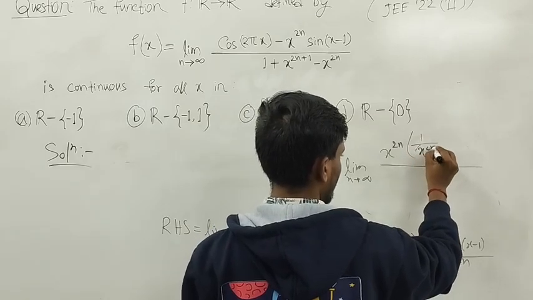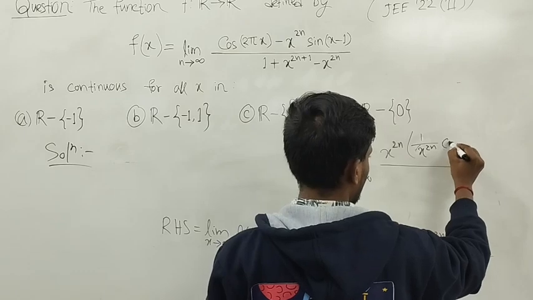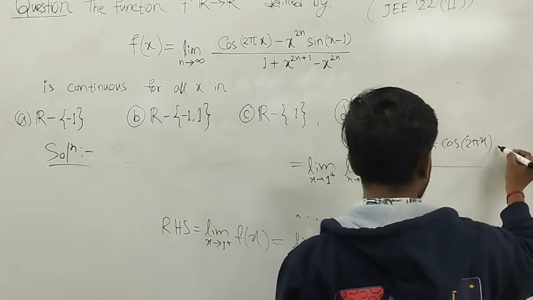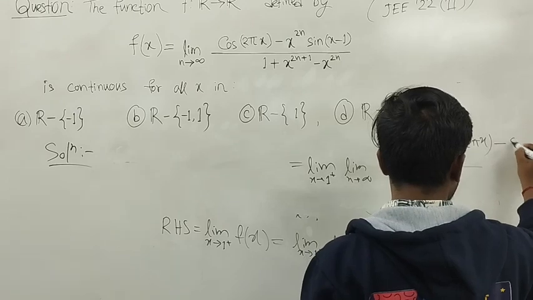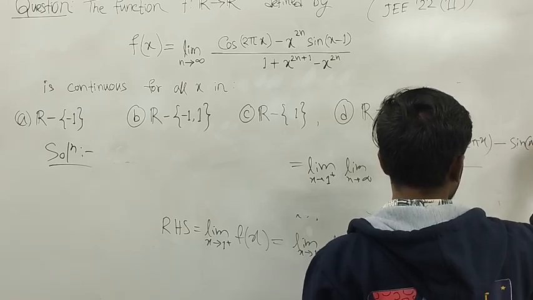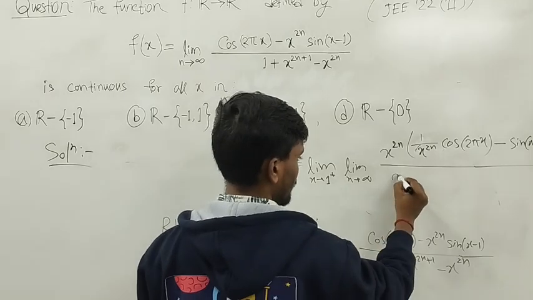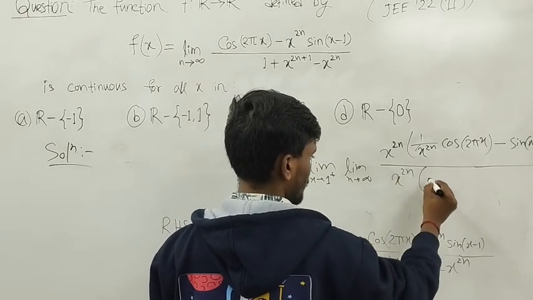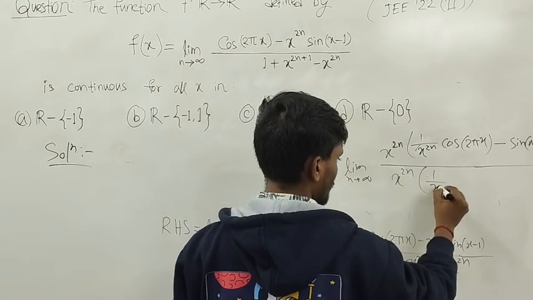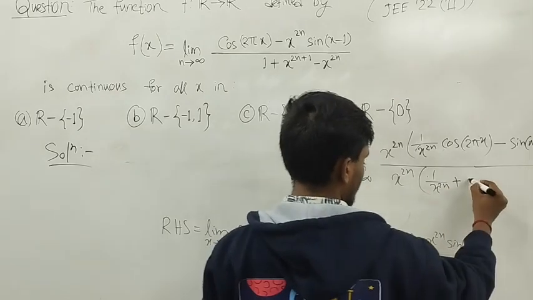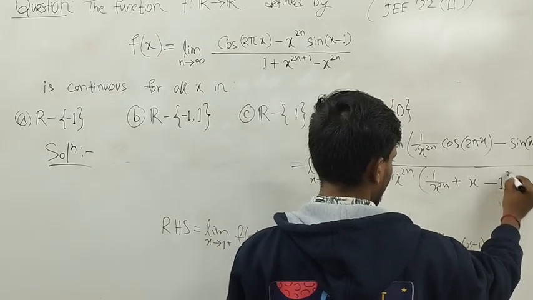Then we'll be left with x^2n cos 2 pi x, and here sine x minus 1. And here also x^2n, 1 by x^2n plus x minus 1.